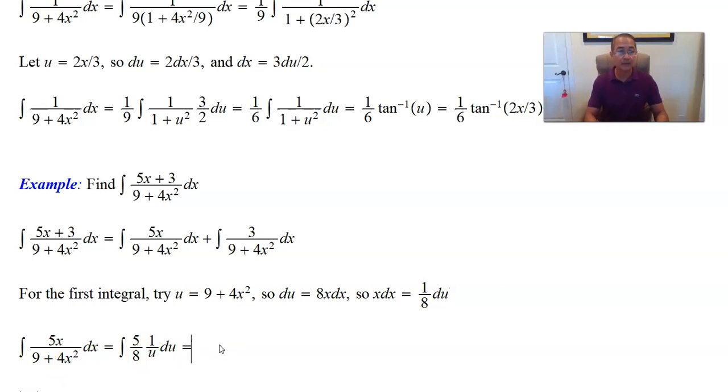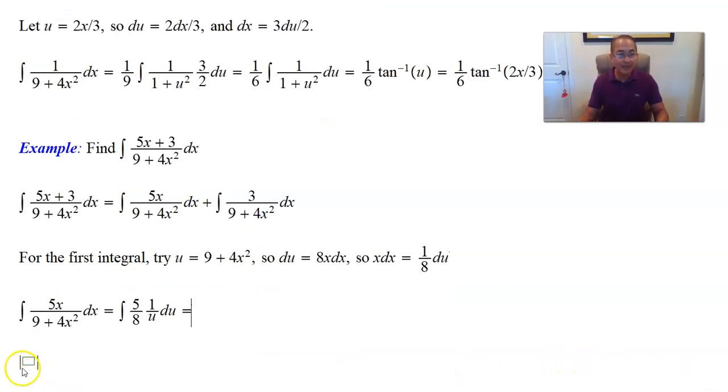All right, so we get, and it's peeking over here because I reserved it. Haha. So we have 5/8 ln of the absolute value of u for our first term. But we're not done because u came from x. For that term, u is 9 plus 4x squared, so we'll put that in here.